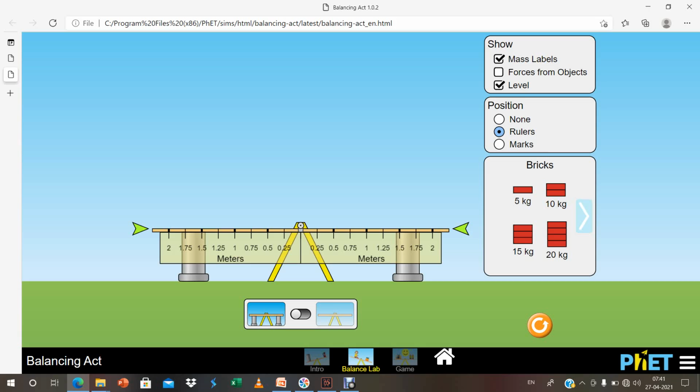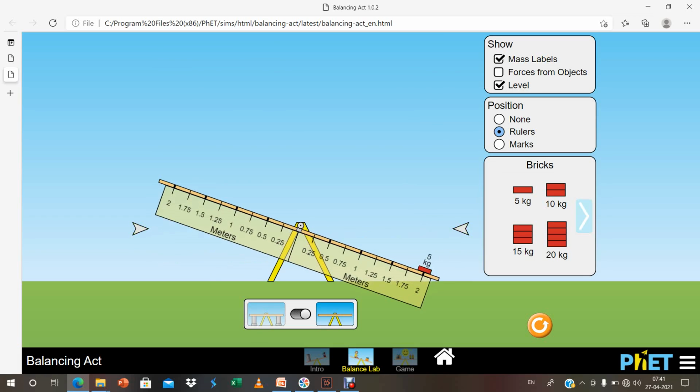We have got a bar here which is marked in terms of meters. So this is graduated with a meter scale, and if you place a 5 kg weight on one side, and we remove this support, let us see what happens. It produces a turning effect. This turning effect produced by a force is called torque.